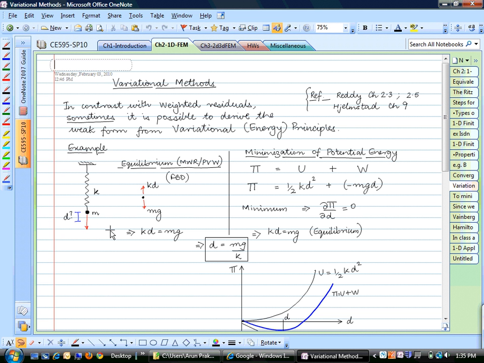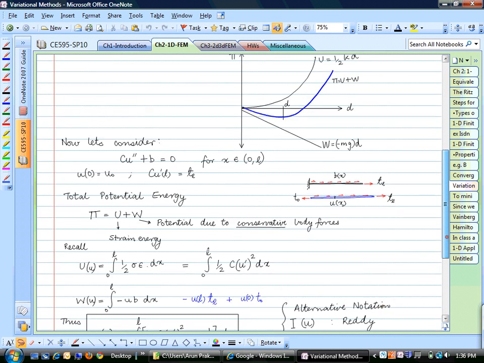One way was the method of weighted residuals. The other way was this way. You construct the total potential energy, and you say that the potential energy for equilibrium should be minimum. To calculate the minimum, you set the derivative of potential energy to be 0. And that gives you back the equilibrium equation.